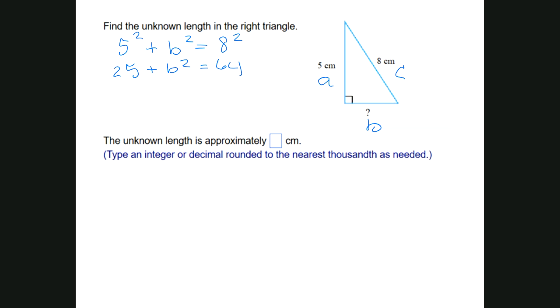To get rid of a positive 25, I need to subtract 25. What I do to one side of my equation, I must do to the opposite side. So 25 minus 25 turns to 0, and that leaves me with b squared is equal to 39.